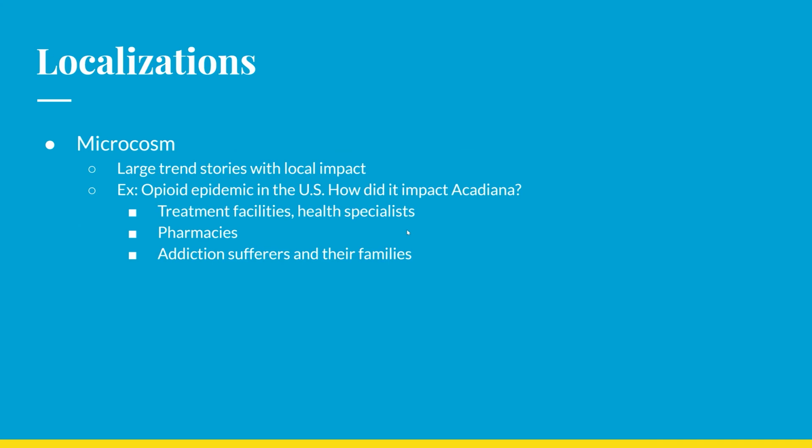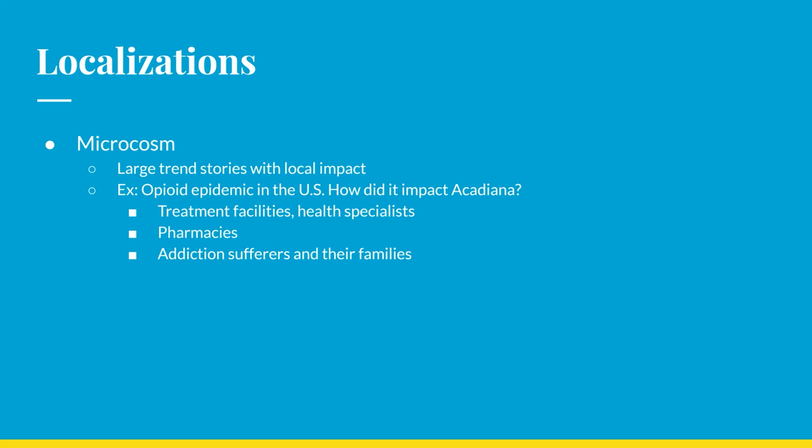Now, a microcosm localization happens whenever you take a larger trend and you want to show how it is impacting the community. In this case, I gave the example of the opioid epidemic in the US. It's something that happened on a national level, but we also had a big impact in our state and in Acadiana.